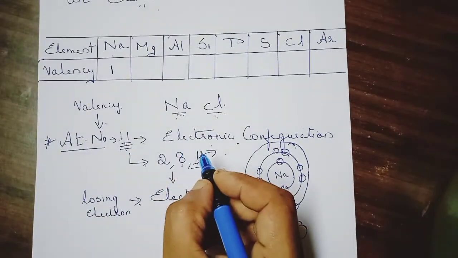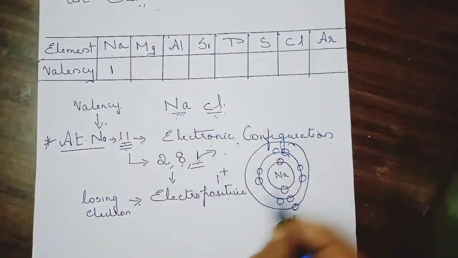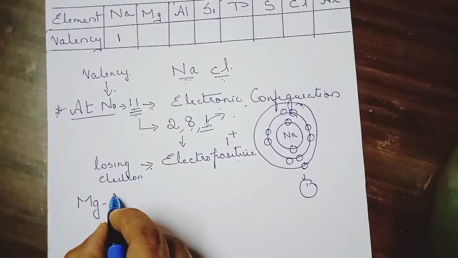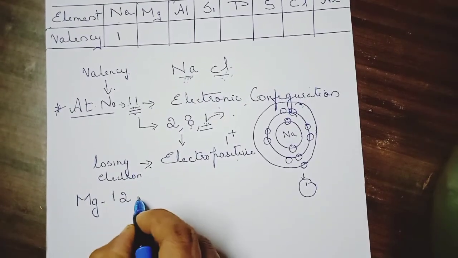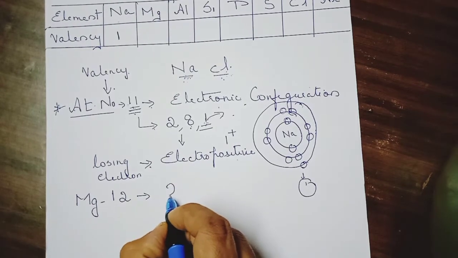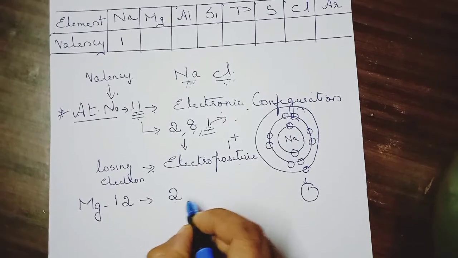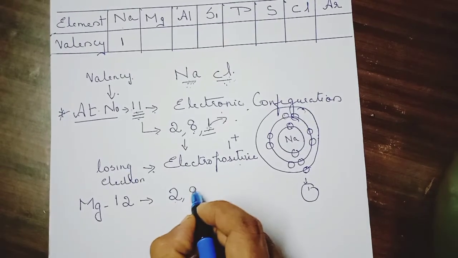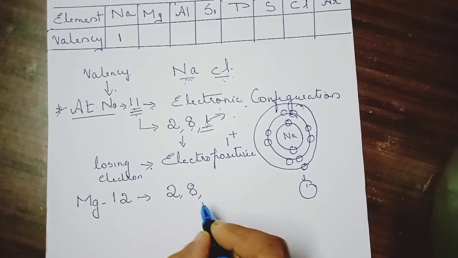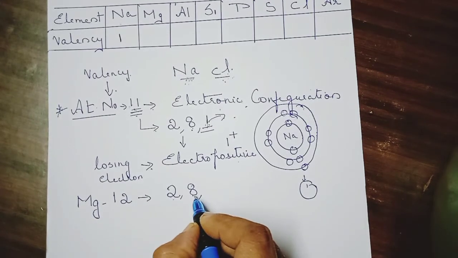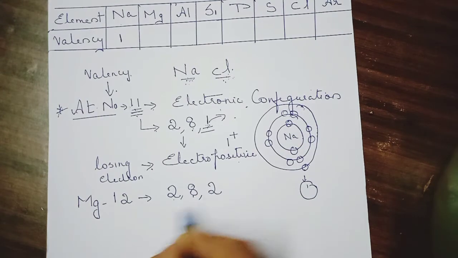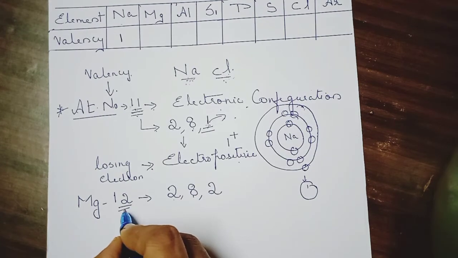Next, let's take magnesium. The atomic number is 12. The electronic configuration will be: the first shell has 2, the second shell has 8 electrons, 2 plus 8 is 10, and 10 plus 2 is 12.